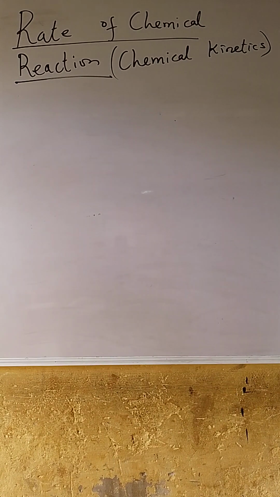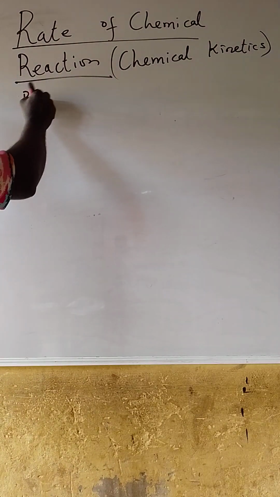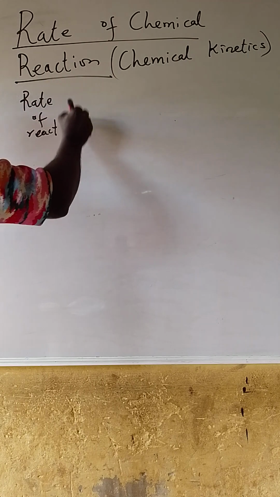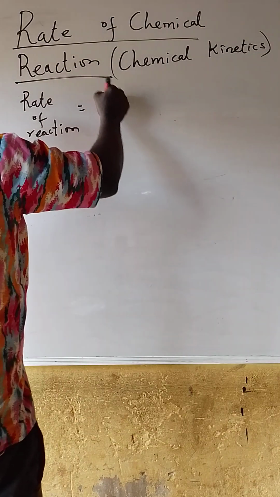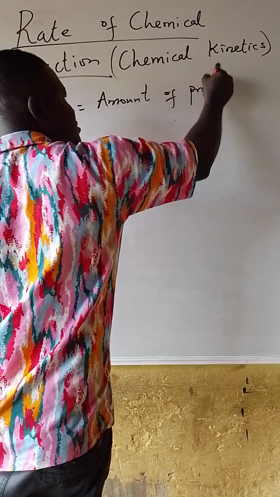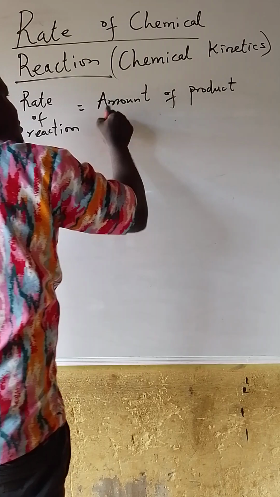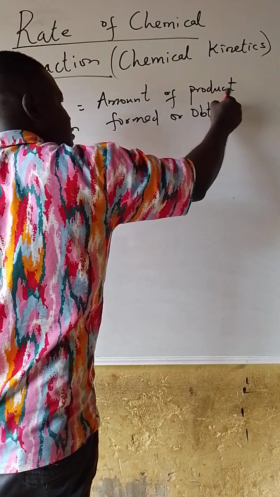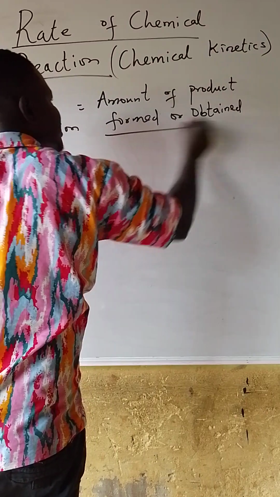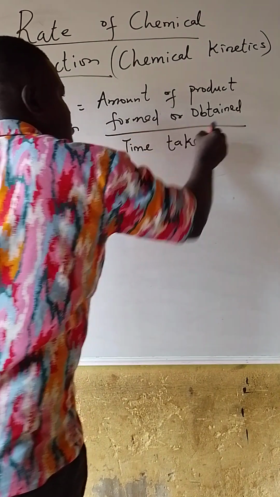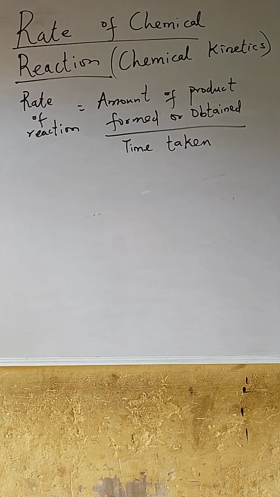Or the rate of reaction can also be equal to the amount of product formed or obtained over the time taken. Rate of reaction can also be defined as what?